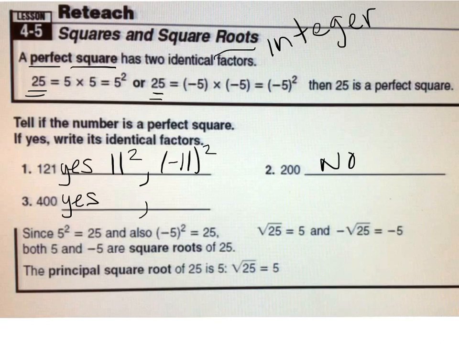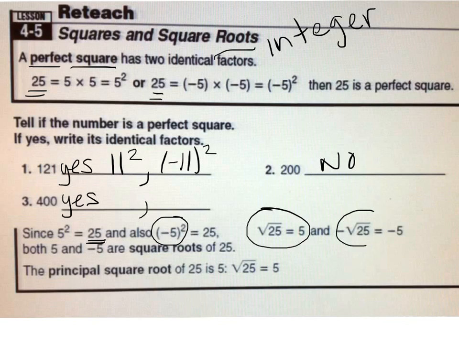So the number 25, we get that by squaring the number 5. So if we want the square root of 25, what did we square in order to get 25? We want to undo that. The answer is 5. The square root of 25 is 5. But remember, we could have squared negative 5 to get 25. So 25 has another square root.